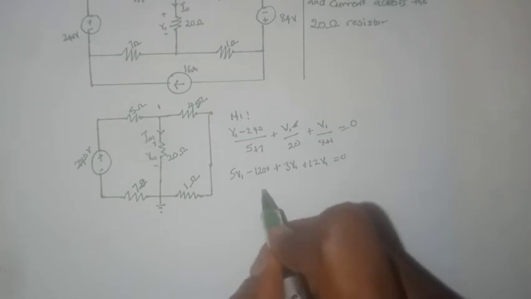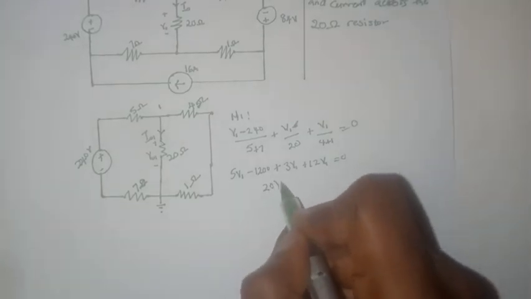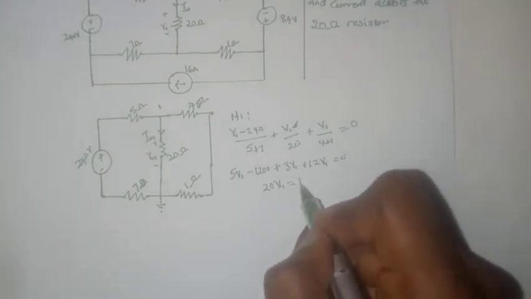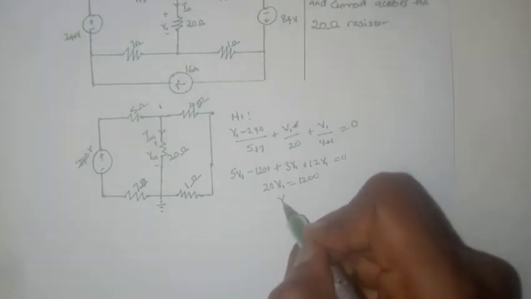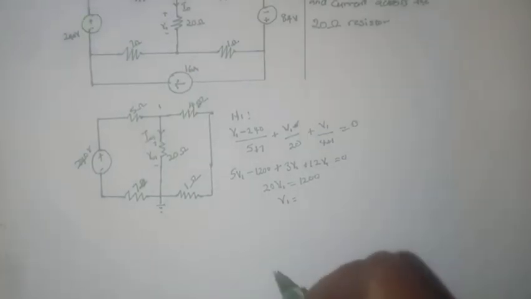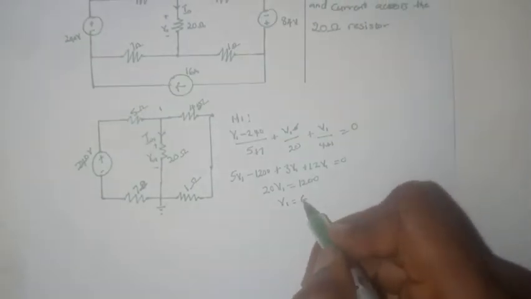Then we end up with 20 V1 equaling 1200, and V1 equals 60 volts.